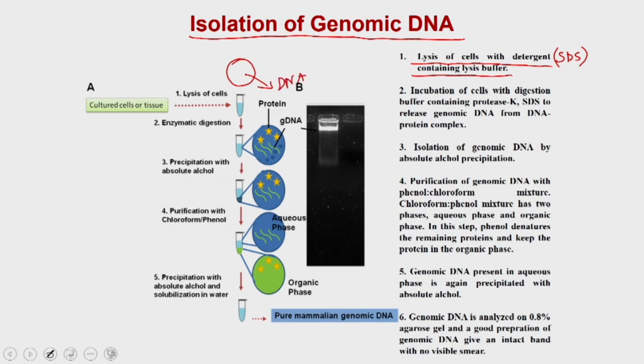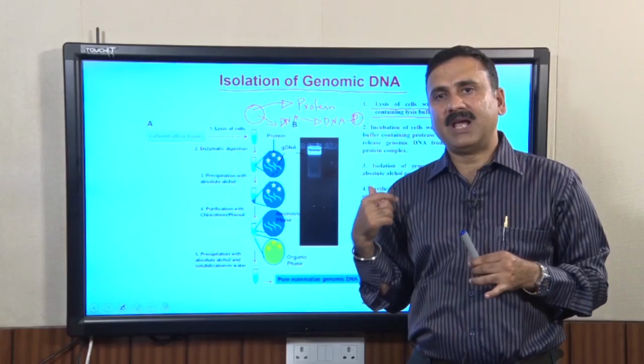Now, apart from DNA, it is also going to release many other things, for example other biomolecules such as protein, and DNA may not be present alone, it may be present in the form of a DNA-protein complex. So by lysing the cell you are going to get the DNA, which you need for making a genomic library.